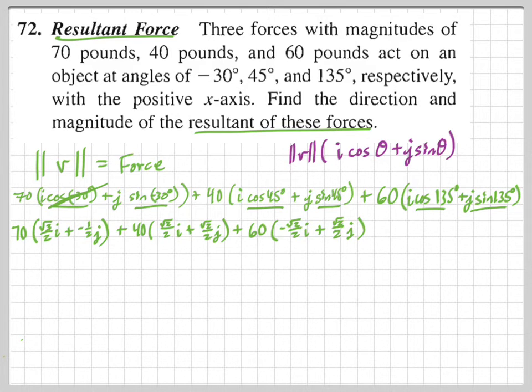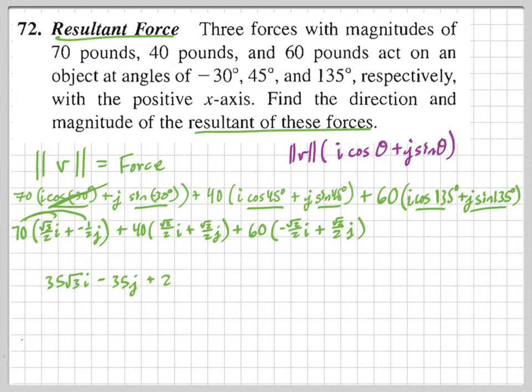All right, let's multiply all these twos together. Luckily, everything is even, so all these twos are going to simplify. I distribute to 70 and get 35 rad 3 i and then negative 35 j.